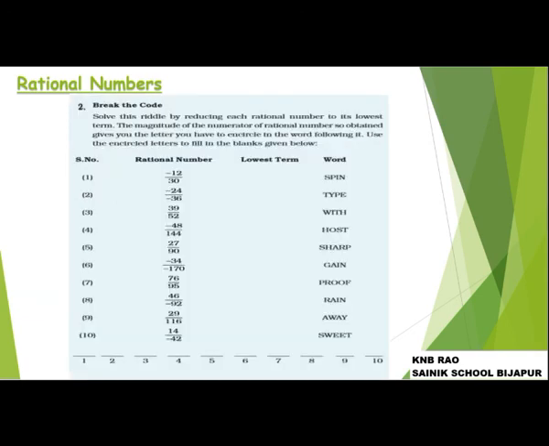Next riddle: break the code. Here 10 words are there. You have to break them and fill in the blanks, order-wise, so that you'll get the numbers. These 2 are interesting games which I am giving to you. Do them in your exercise book.